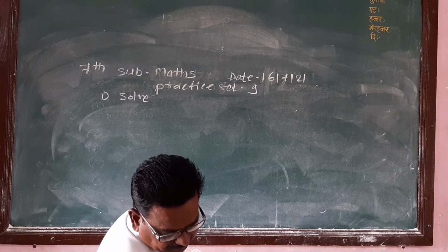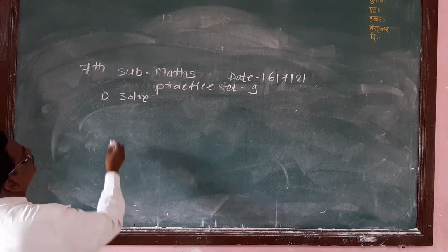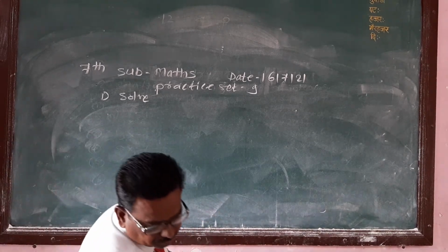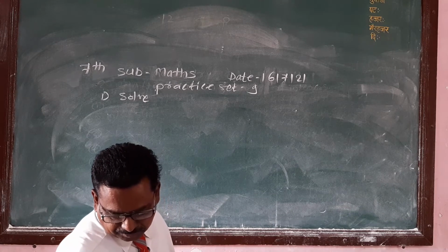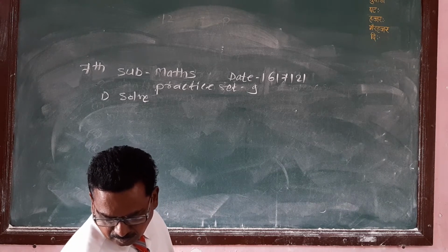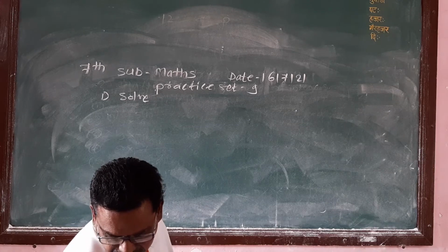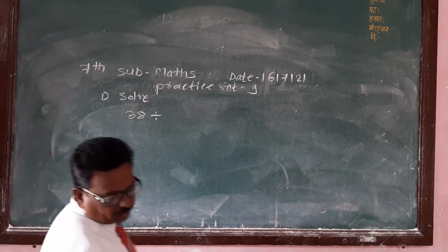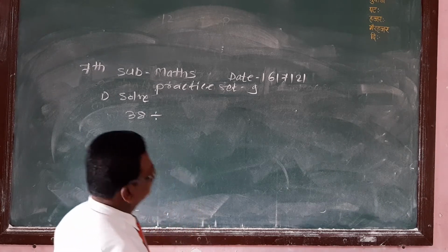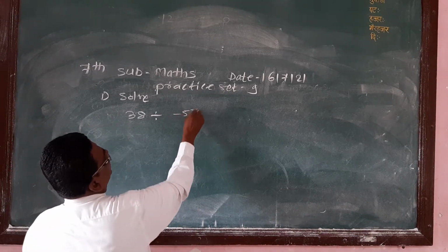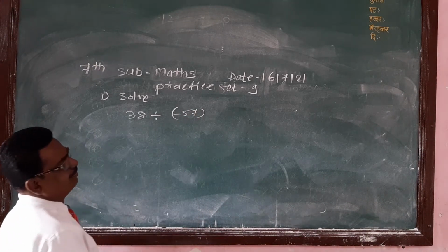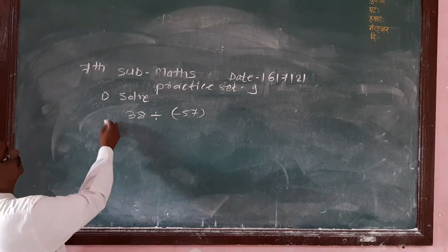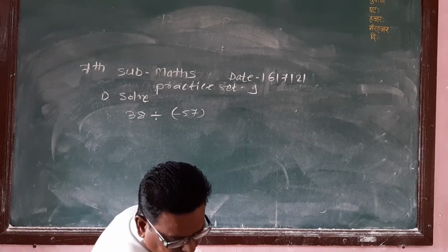38 divided by minus 51. This is problem number 4.